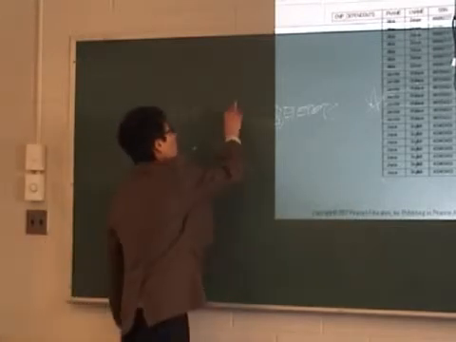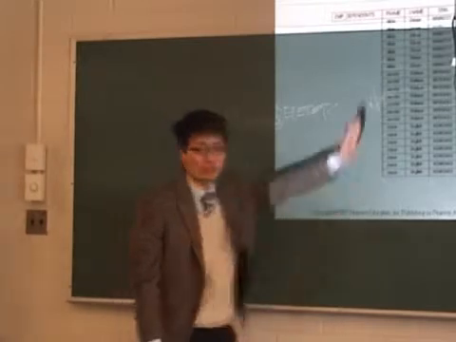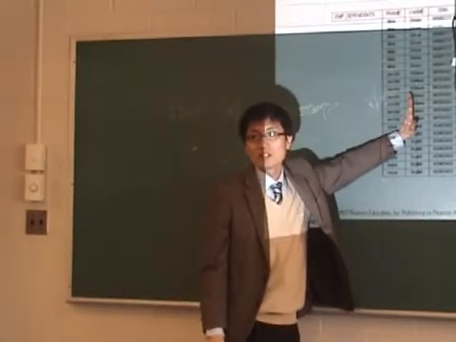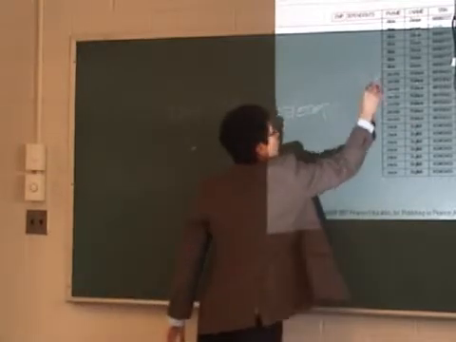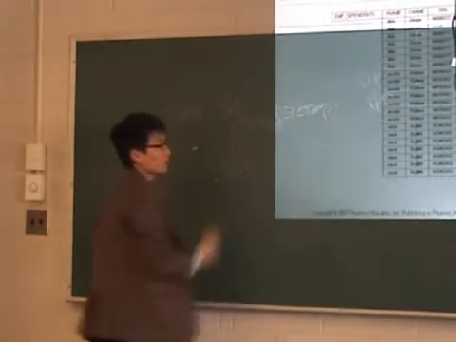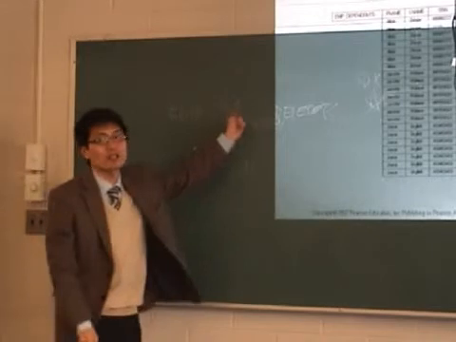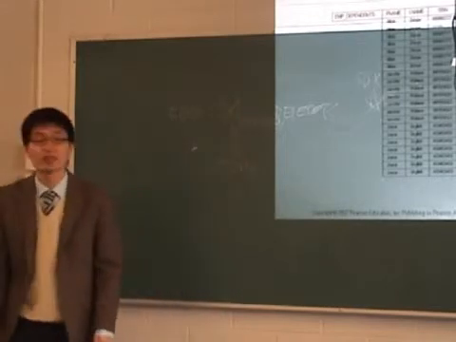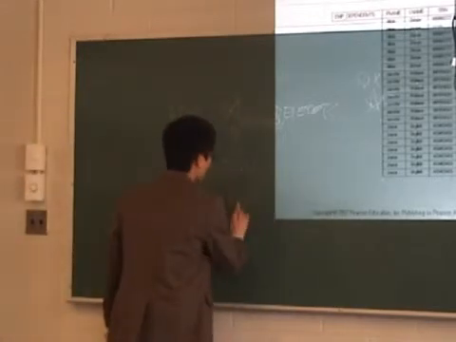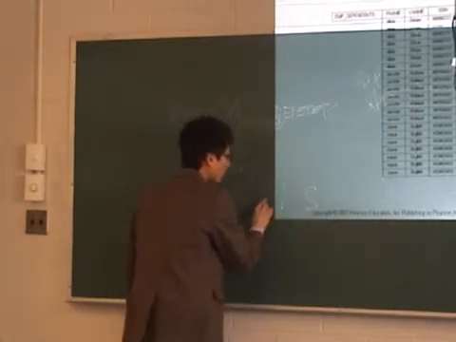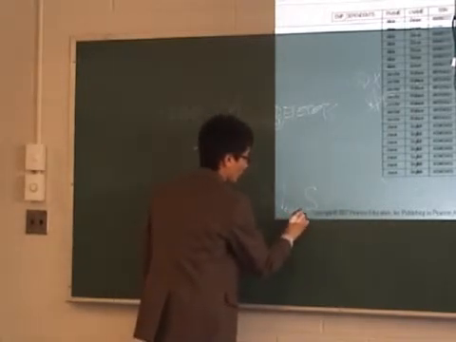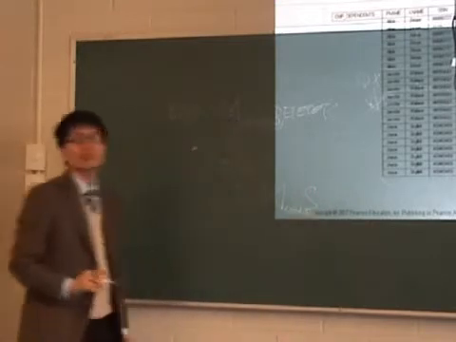How can we implement the join operation? First, the Cartesian product. The Cartesian product comes first, then the condition. This one is called the join condition. So join is from two relations R and S. We can do this.